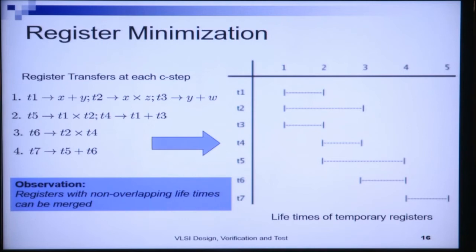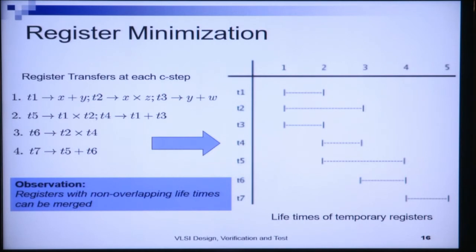Say I have hardware register R1 and I have put temporary register T1 into R1 because this has the earliest left edge. Now, I can put another temporary register, the earliest starting one, again in R1: any register whose left edge is higher than the right edge of T1, right.